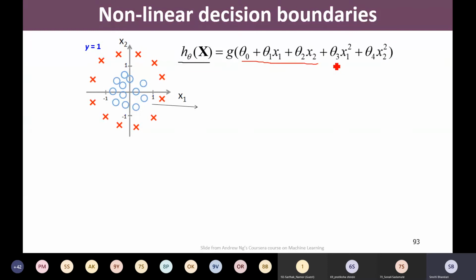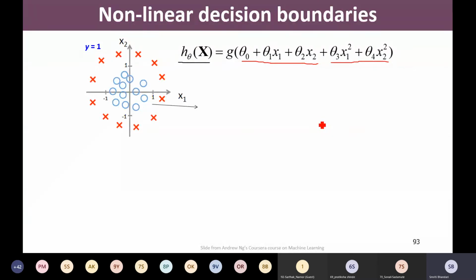So we have added two quadratic terms, x1 square and x2 square. So this entire function is now a non-linear function.